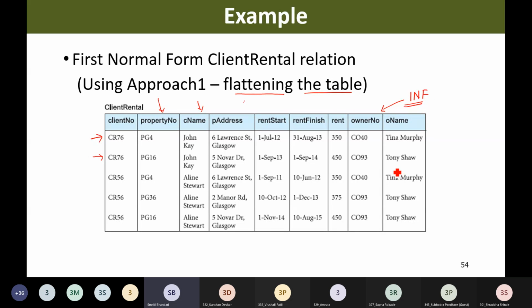So now we may say that this table is in first normal form, right? So the original table is now converted into first normal form, and the approach that we are using here is flattening the table.